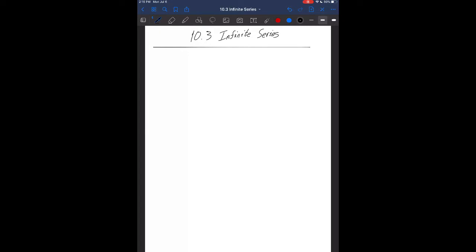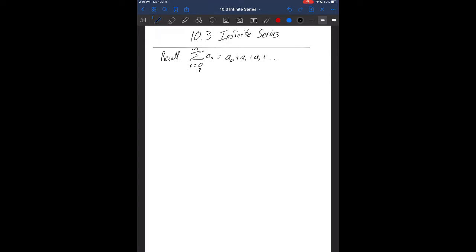Right, so just as a recollection from section 10.1, recall that we have this notation with this capital sigma, from n equals 0 to infinity of a_n, which is just saying, okay, we're going to take the 0th term and add the first term, add the second term, and so on and so forth, all the way out to infinity, where this n could possibly start at something different.